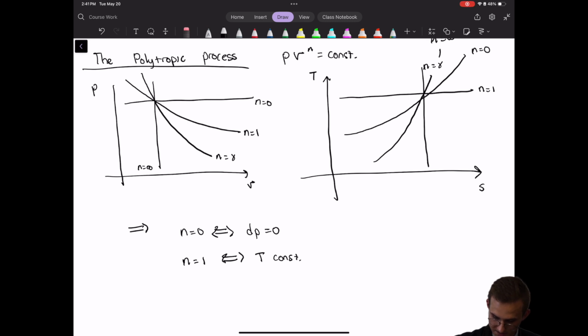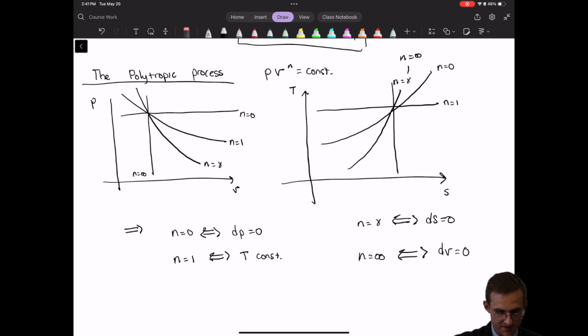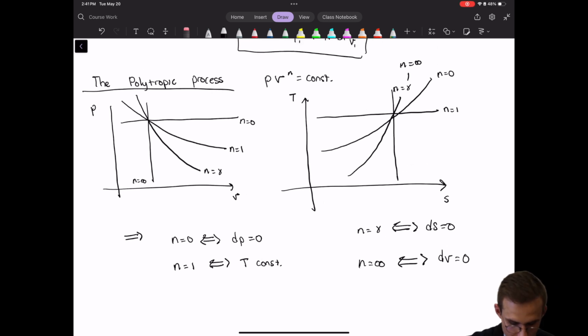N equals gamma corresponds to dS equals 0, and N equals infinity corresponds to your volume being constant, dV equals 0. Okay, so that's our polytropic processes.